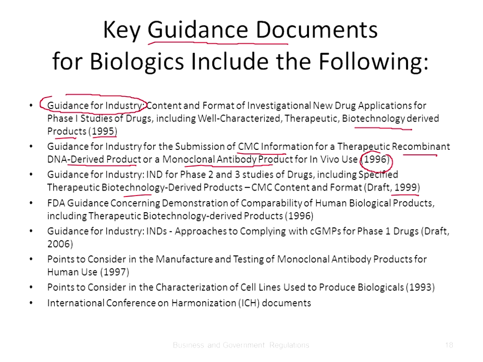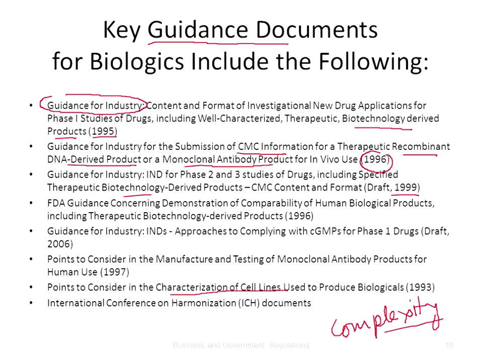If you look through these, you will notice a lot of focus on the complexity of the products that I talked about earlier, right? So the focus of all these guidance documents is the much higher complexity of biological products. Okay.